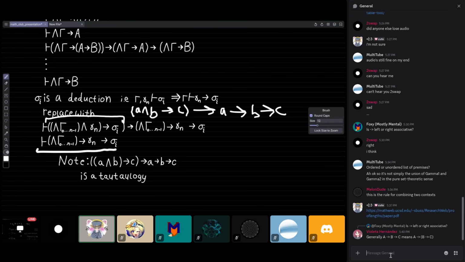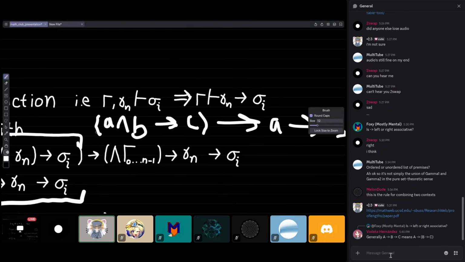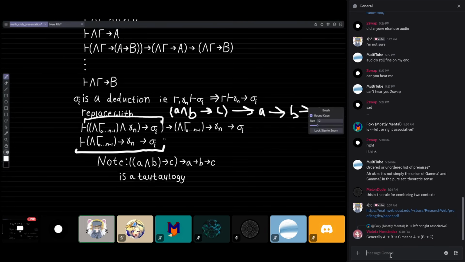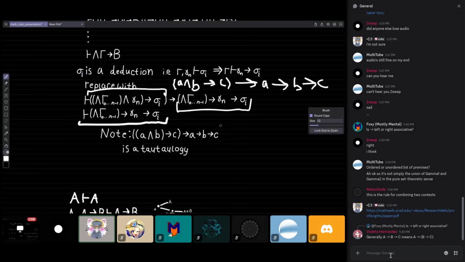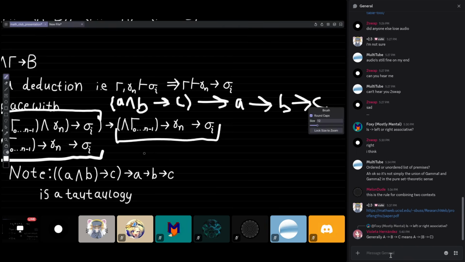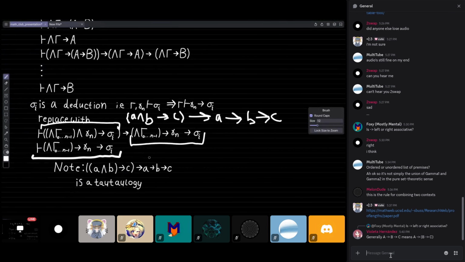So we can prove this line by the induction hypothesis, and this is a tautology. So by modus ponens, we can prove this, right? Which is exactly what we wanted to show. Does that make sense?